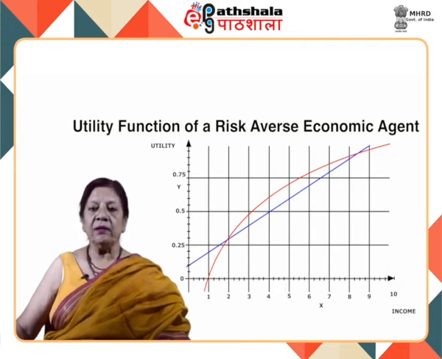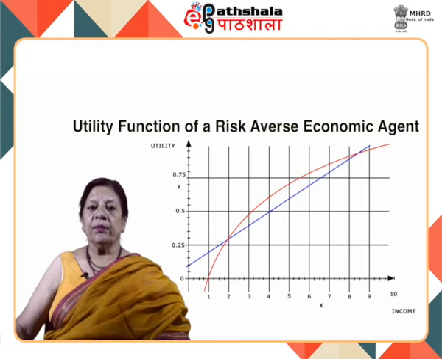A comparison of a risky prospect with an expected income of 5 units with a certain prospect, that is probability equal to 1, which also yields an income of 5 units, is illustrative. A prospect of a certain income of 5 units has a utility of 0.699, whereas the risky prospect with an expected income of 5 has a utility of only 0.6021.